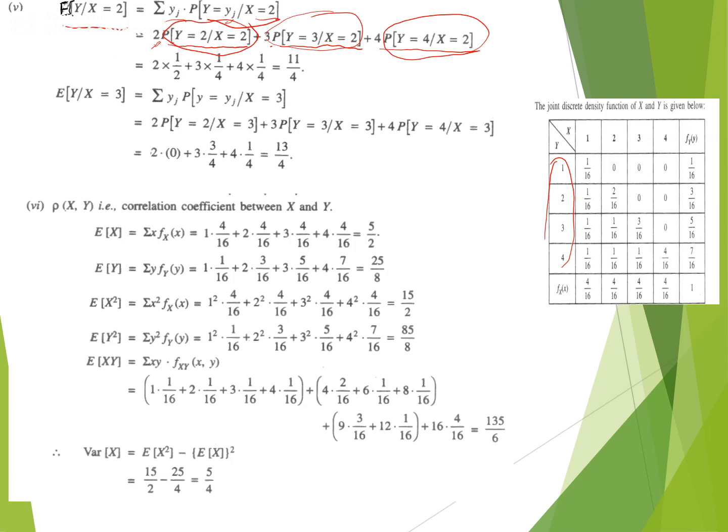So the expectation of y given that x equal to 2, we get 11 by 4.